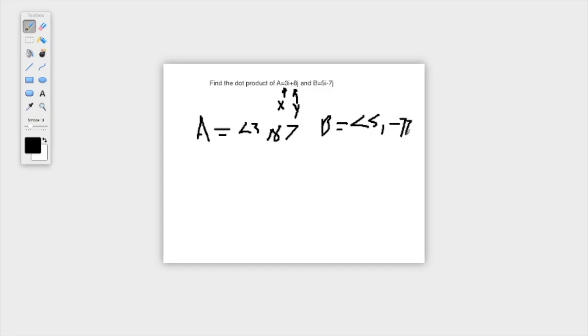Now we can use one of the formulas for the dot product. That's A dot B equals AX times BX plus AY times BY.